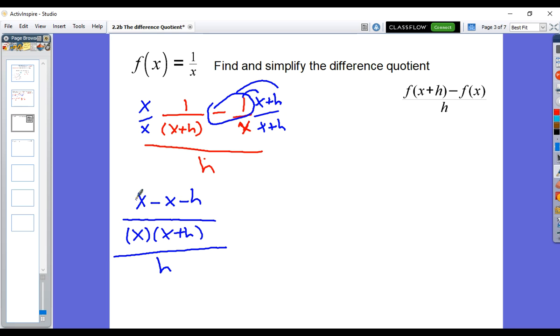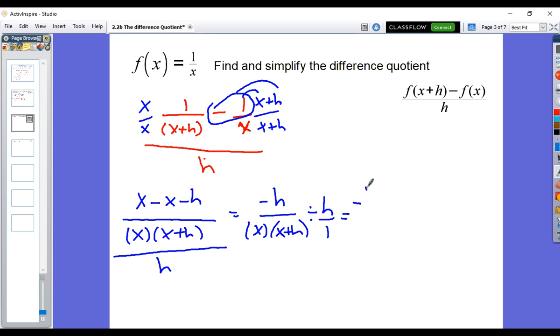So let's simplify the top. x minus x, they cancel each other out, leaving us just negative h over x plus h. We're going to leave that like that the whole time. Now this is divided by h. So let's write it side by side. Divided by h. Now before, remember, this is h over 1. You cannot divide by fractions, so we multiply by the reciprocal.